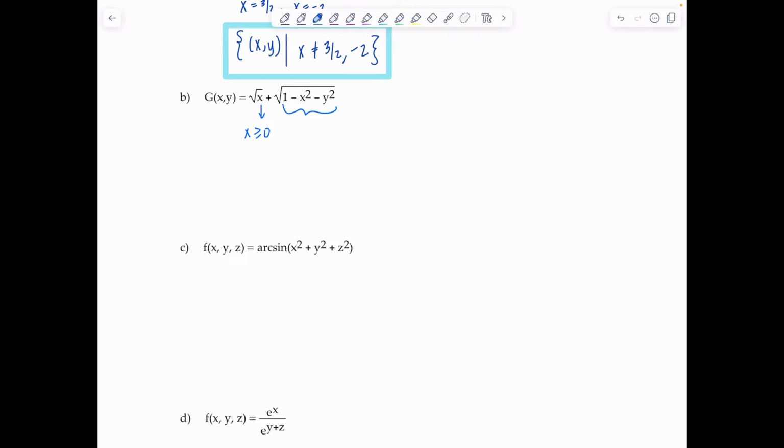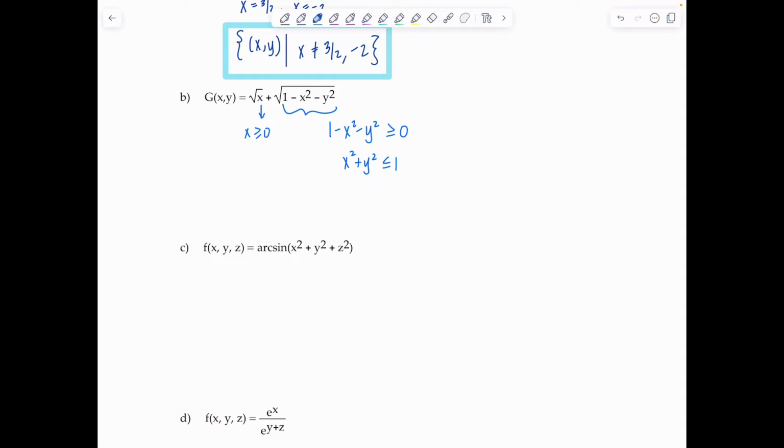And also we require 1 minus x squared minus y squared to be greater than or equal to 0. Now the first inequality is solved, so I'll leave it alone. This one, that's not how I'm going to list it in my domain. I need to move the variables over to the other side and rewrite this as x squared plus y squared is less than or equal to 1. Isolate the variables as much as possible.